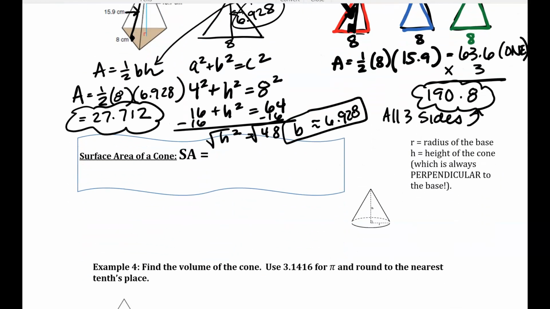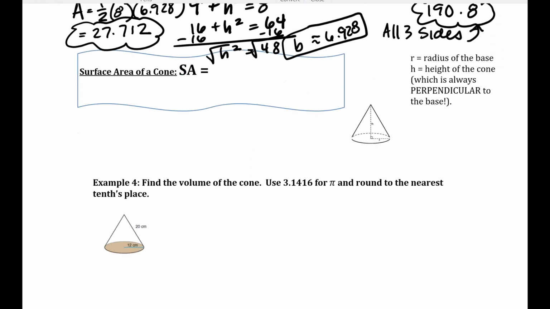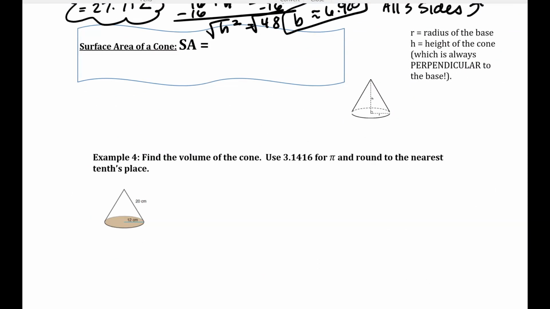We've got surface area of a cone. Now this one's a little bit harder to break down, but if you imagine like a party hat, for instance, it's going to have a circular bottom, and then if you were to cut this up, we're going to have something that looks like this. Okay, so we're going to add these areas together to get our formula.